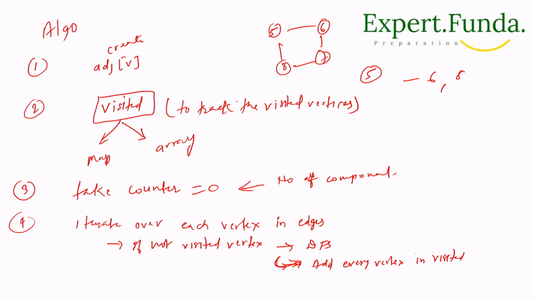Now every time a new DFS starts, we will increment the counter, so counter plus plus. And at the end we will return the counter, which is the number of components.